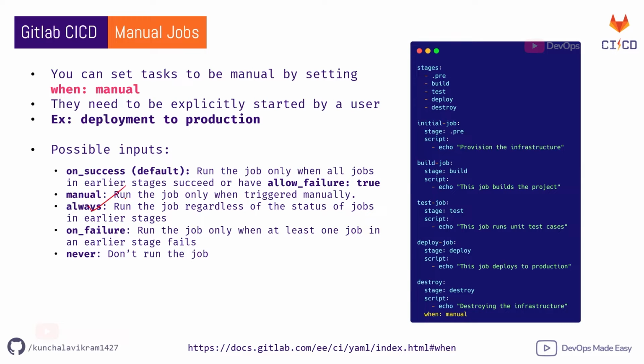You can also set it to always. If you set it to always, irrespective of the status of the other jobs, whether they passed or failed, this tester job will continue to execute. And on failure, this will run only when one of the jobs in your CI/CD pipeline fails. And never: don't run this job. You can skip a job either by putting a dot, which will completely hide it. Otherwise, you can set when to never, so this job will never run.